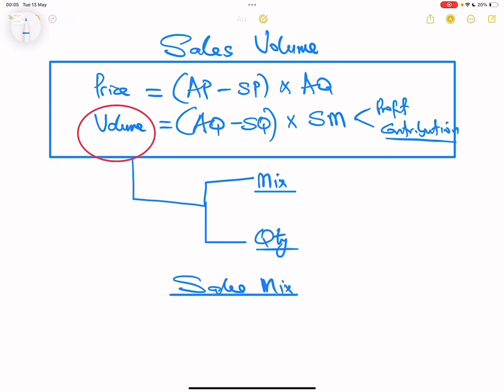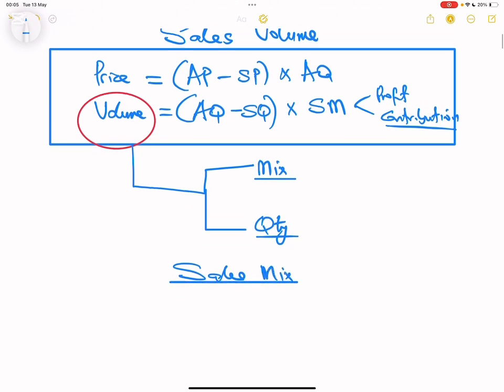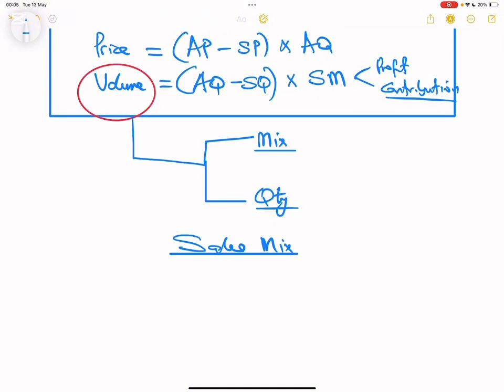So for sales mix, what we are saying is what will be the impact of selling our products at a different proportion from what we plan. So remember, when a company is selling more than one product, that is when this mix and quantity type of variance analysis is relevant.